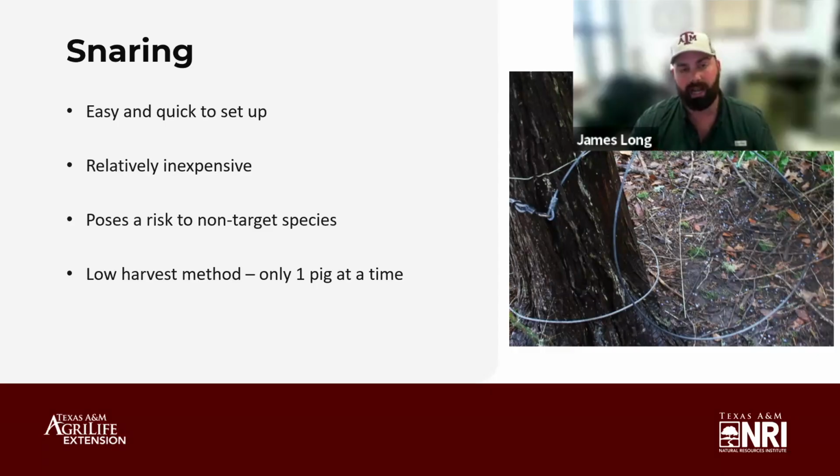While that might not make a landscape effect on their population or their distribution, it can provide individual effects on decreasing damage and overall populations on individual properties. And oftentimes when working with landowners, you have to attack it at the individual level before you can get them thinking about the broader landscape as a whole.